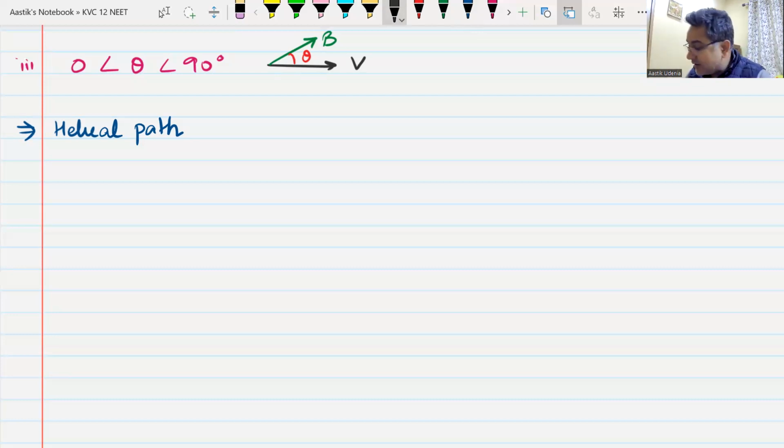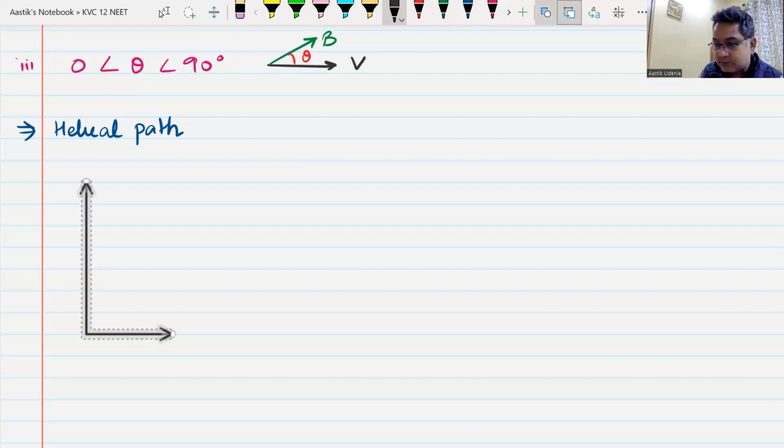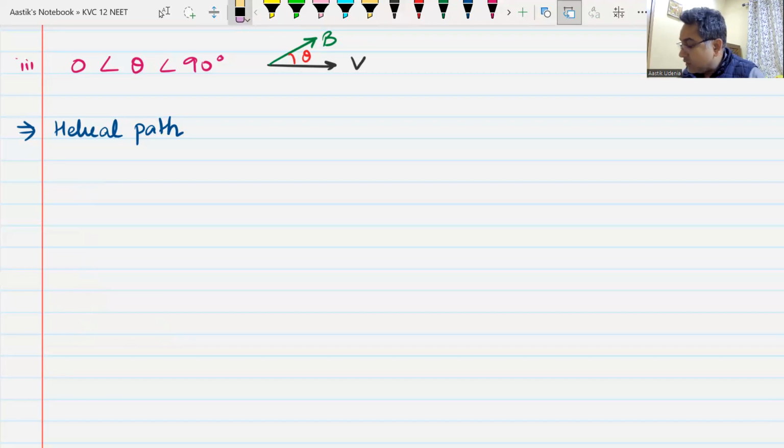Moving in a circle and moving ahead, that is a helical path. Now, how do we understand this? Okay, let me draw it again.